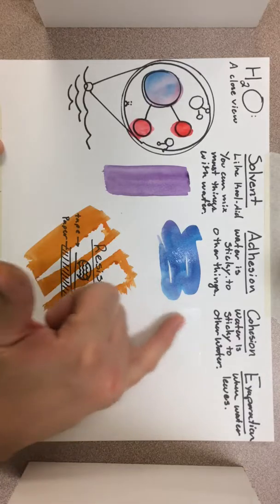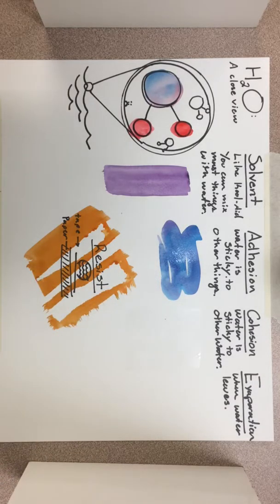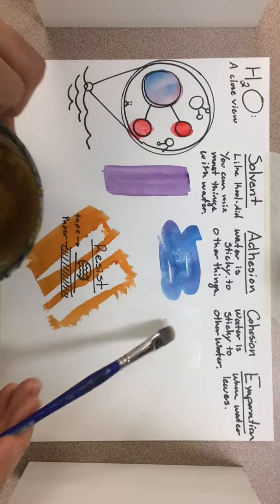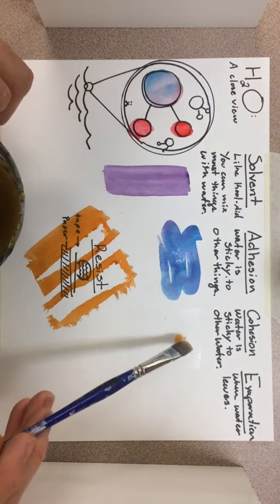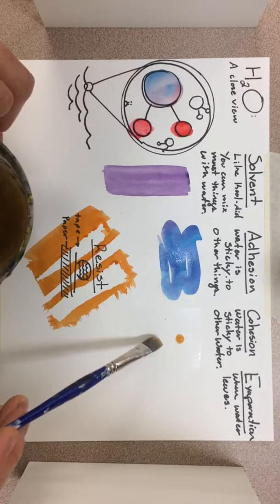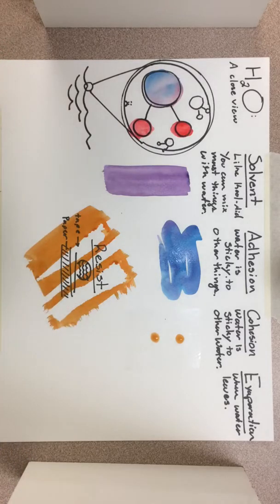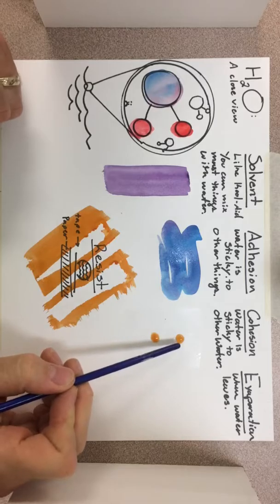Now, cohesion. Water is sticky to other water. I'm going to do a little experiment on my paper here. I'm going to take some water and put it on here. Now this is on top of a resist. This is just a droplet of water. Here's another droplet of water. Now I'm going to pull these droplets together.